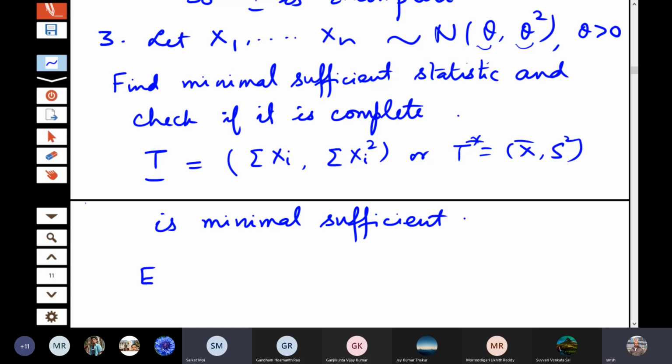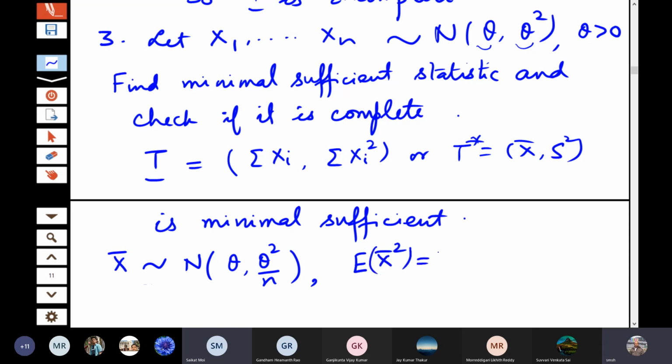So let us look at the distribution. The purpose of doing a lot of distribution theory is this: the distribution of X bar is normal theta, theta square by n. So if I consider expectation of X bar square, then that is theta square plus theta square by n, that is n plus 1 by n theta square.